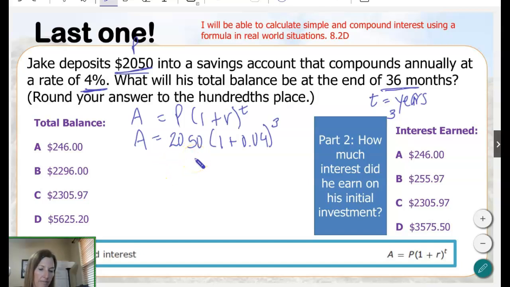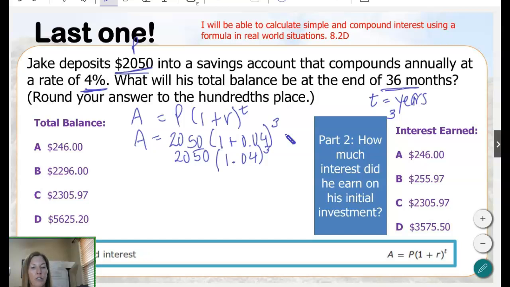All right, so we're going to do this same thing. Let's go ahead and, I'm sorry, let's do the parentheses. So $2,050. Simplify the parentheses as 1.04 and then to the third power. So if I do 1.04 to the third power, I feel like that was the same one we just did. So we get this decimal 1.124864, and then I'm just going to multiply it by the 2050.